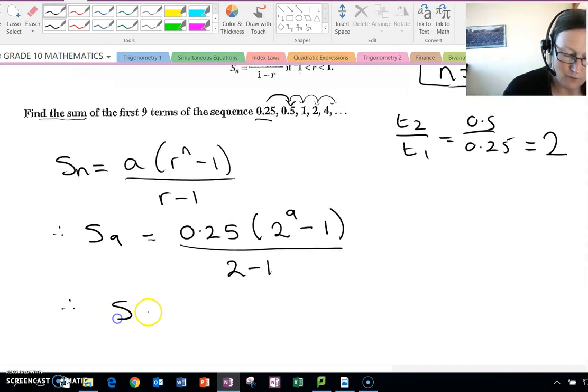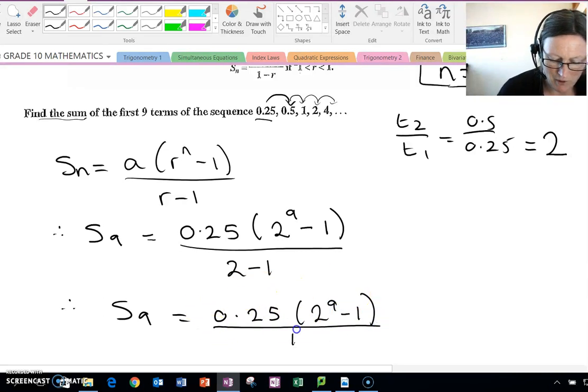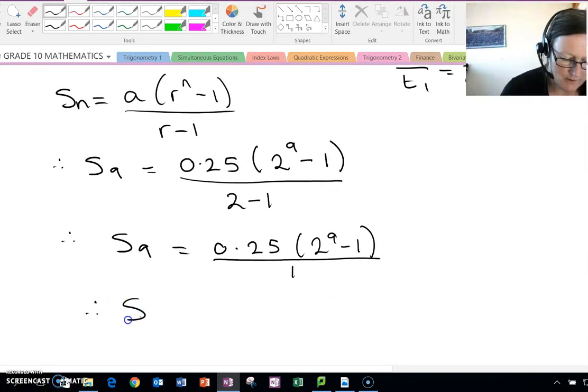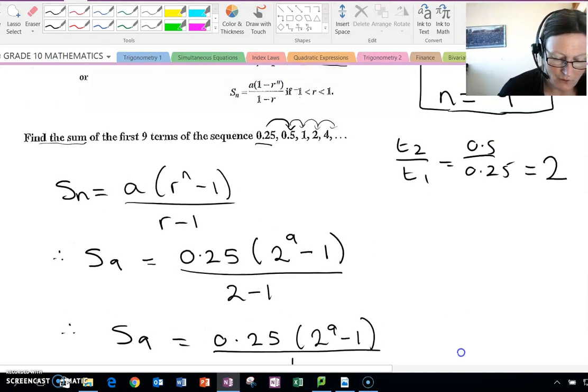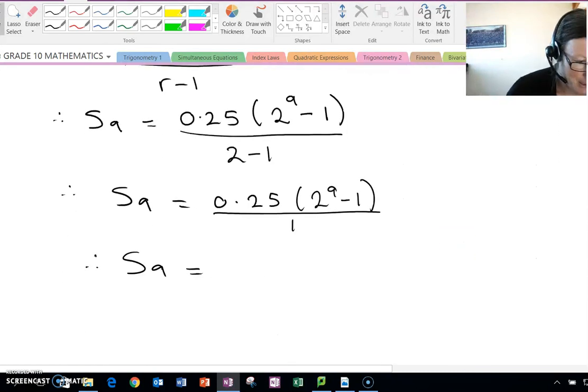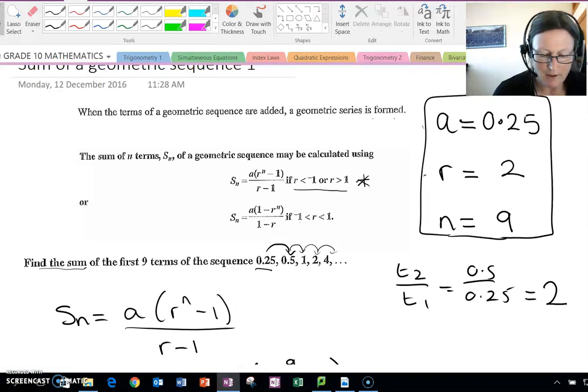So the sum of the first 9 terms is going to be 0.25 times (2 to the power of 9 subtract 1), and then it's divided by 1 because 2 minus 1 is 1. So I can put that into my calculator, and when I do, the sum of the first 9 terms of this geometric sequence is equal to 127.75.